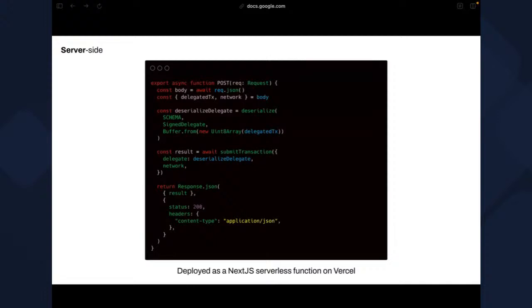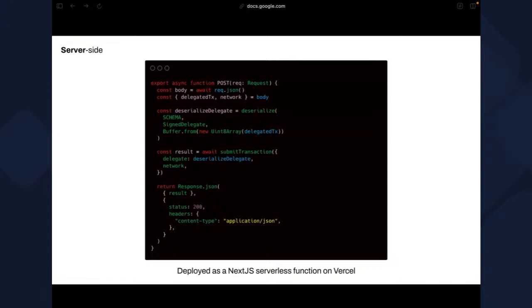So you could add any conditions between the deserialized delegate and the result, before you're actually submitting the transaction. You could just take a look at it and see, maybe I want to fund this, maybe not. In our case, we're not allowing certain transactions, because if there's a certain amount of deposit that takes a lot of funds from our relayer, we don't want to do that.